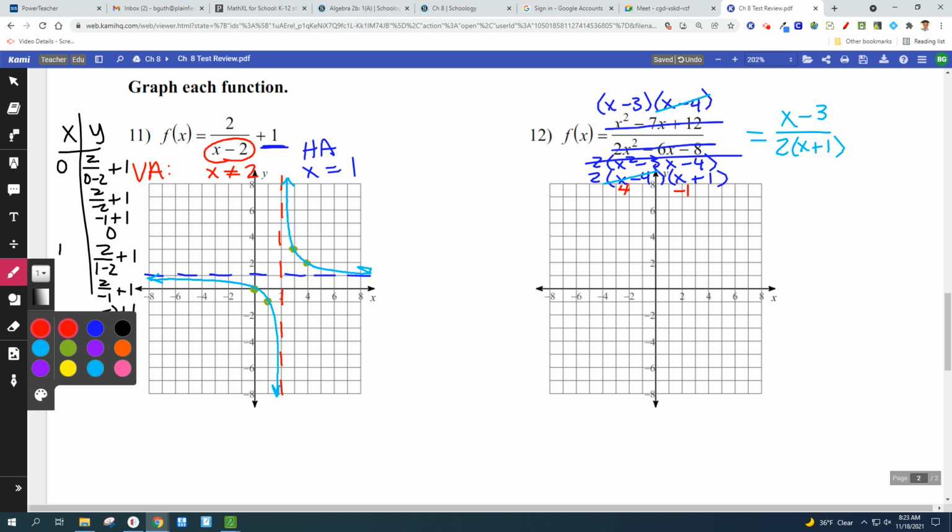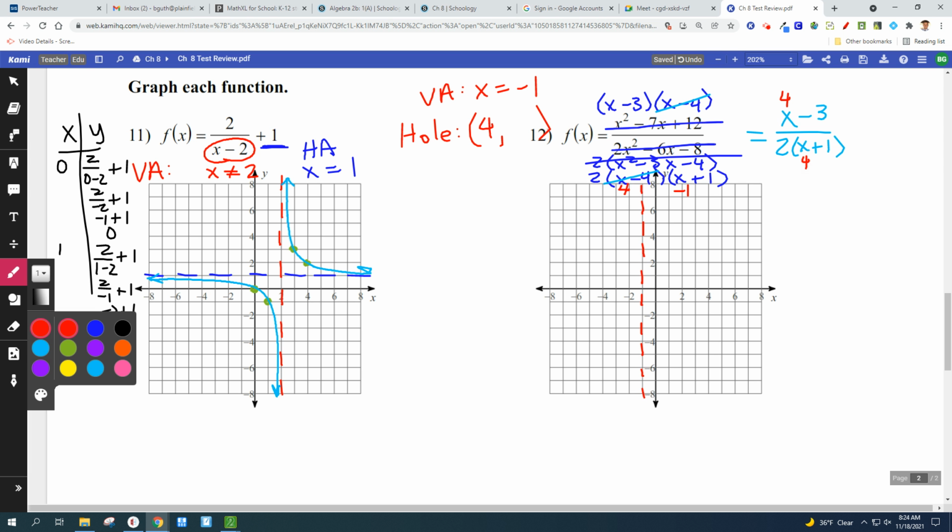So we are going to have a vertical asymptote at x equals negative 1, and we are going to have a hole at positive 4 comma something. Positive 4 comma whatever we get when we plug in 4.